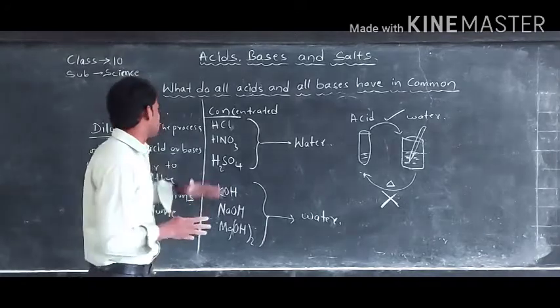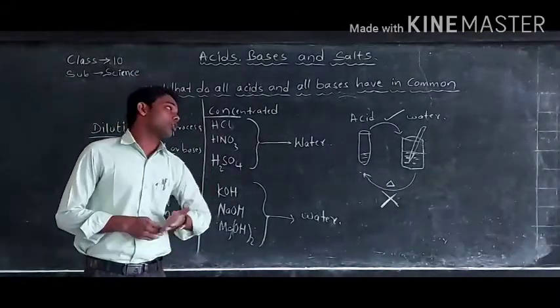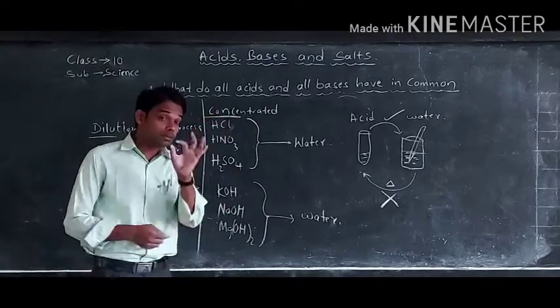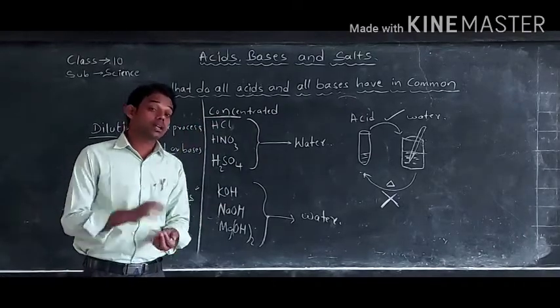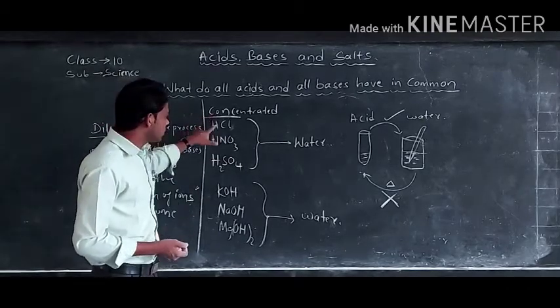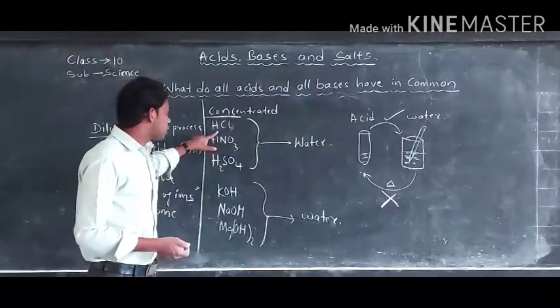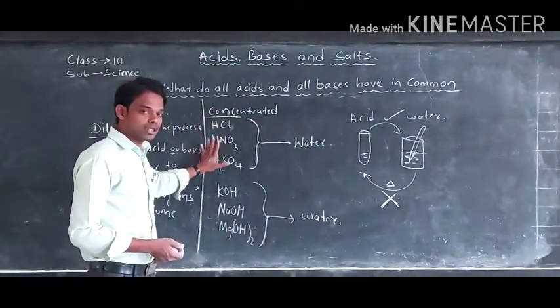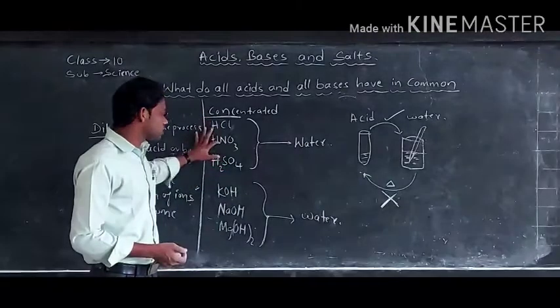Just now we studied what all acids and all bases have in common. And now we will study some important points related to science students. See, these are the acids: hydrochloric acid, nitric acid, sulfuric acid. You already know about these: HCl, HNO3, H2SO4.